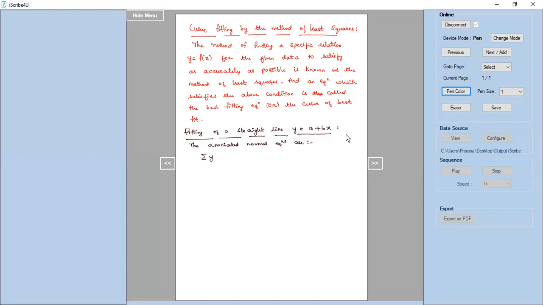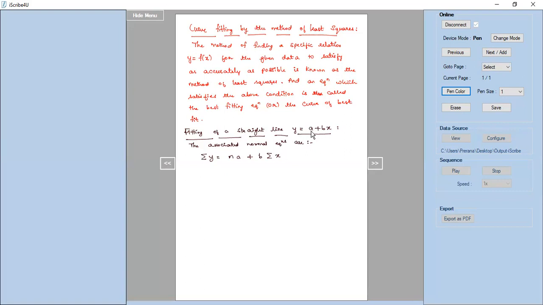Normal equations are sigma y is equal to n a plus b into sigma x. So let me explain how we are writing down these equations. We have the straight line equation in the form y is equal to a plus bx. So we take sigma throughout for the given straight line form. So sigma y will be the left hand side, and a is added n times because we write down sigma a.